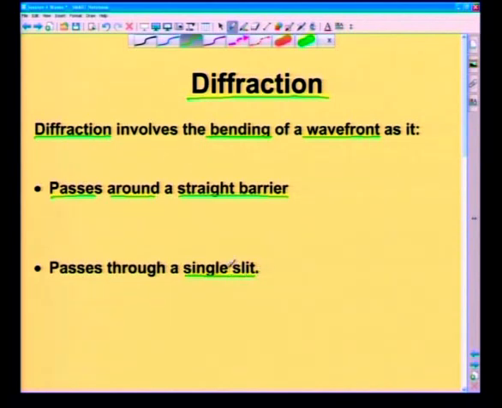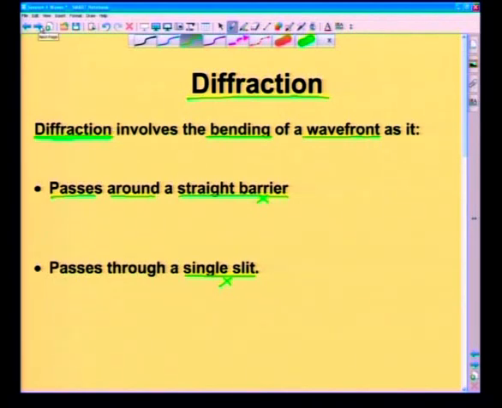It could be single, it could be double. So diffraction involves the bending of waves as they experience barriers in their motion, as they experience objects that stand in their way. So that will be diffraction, the bending of waves as they encounter obstacles or barriers.